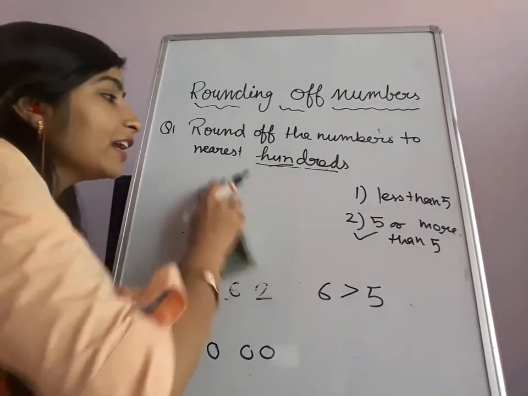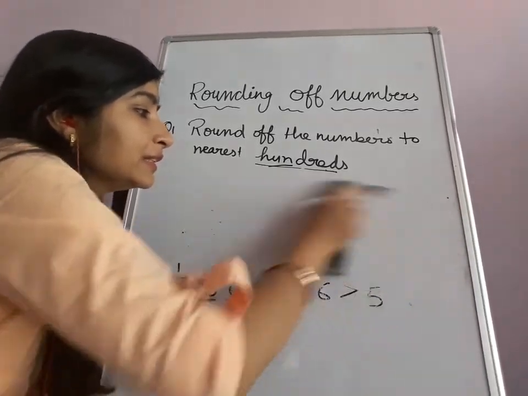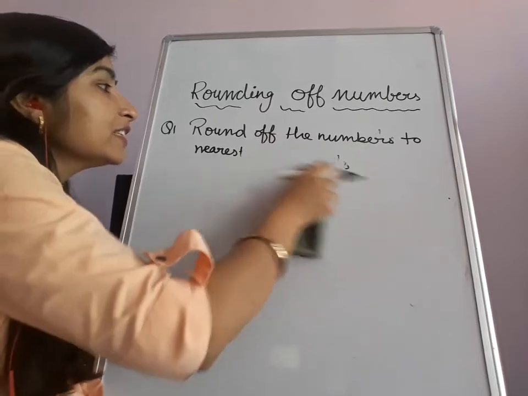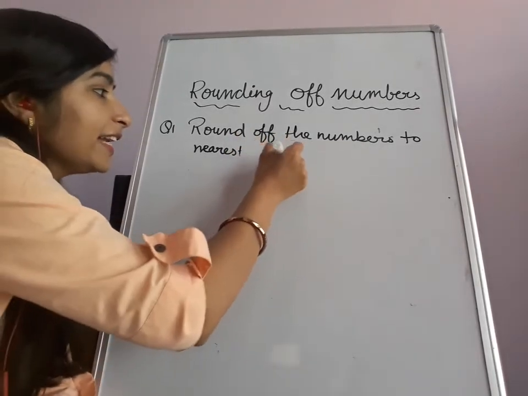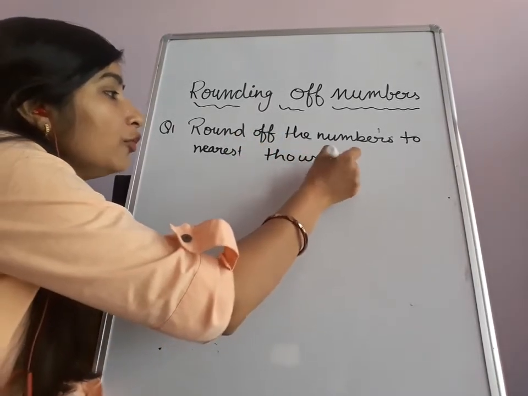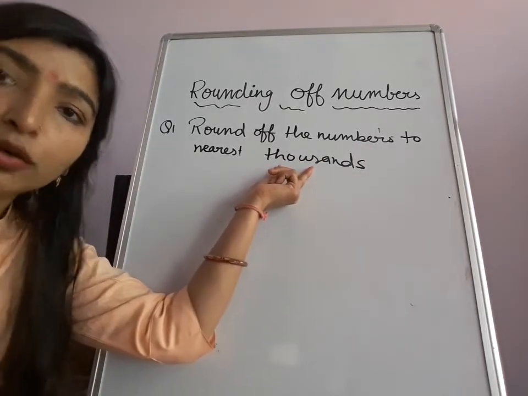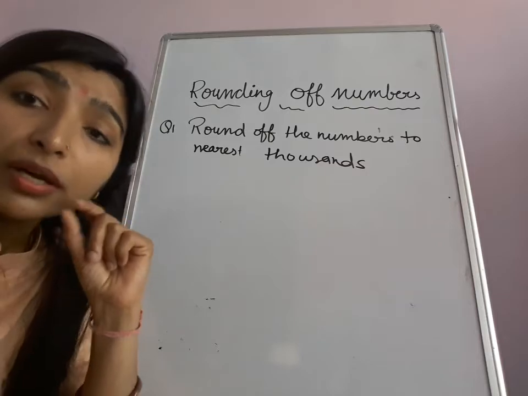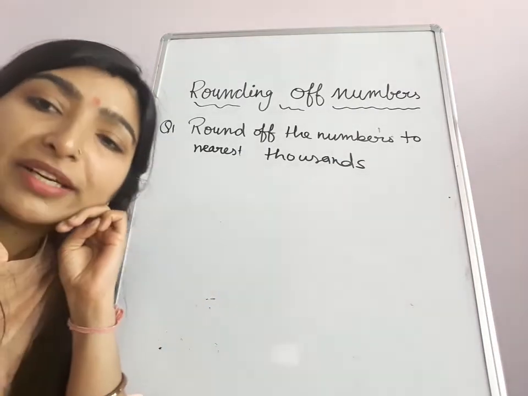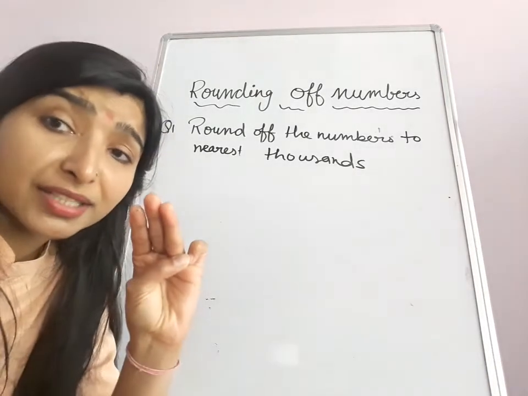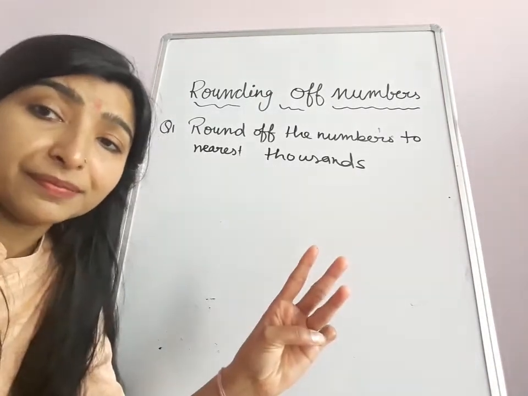Now we are coming to rounding off numbers to the nearest 1000. Now you have to go to the nearest 1000. In 1000 how many zeros are there? Three. Means in your answer three zeros must be there.